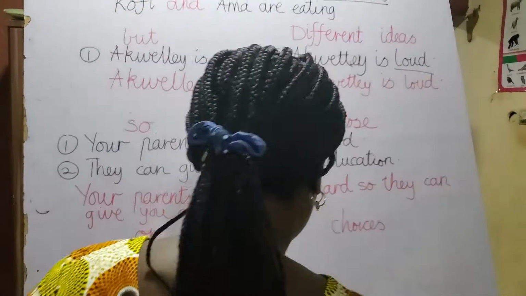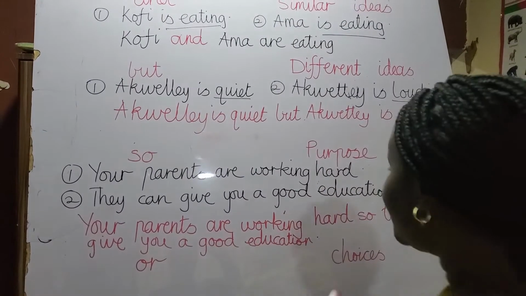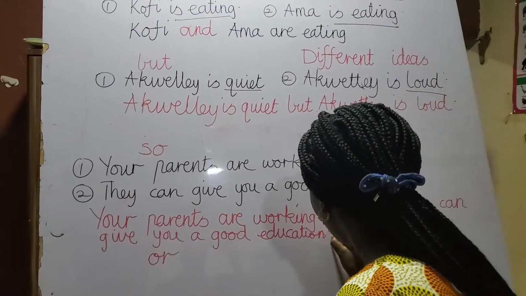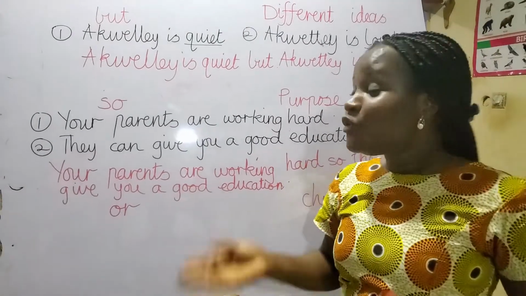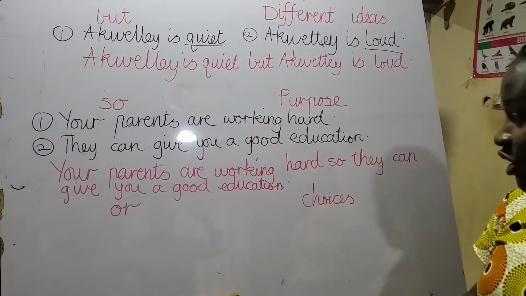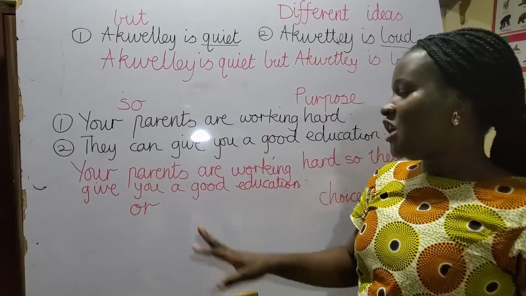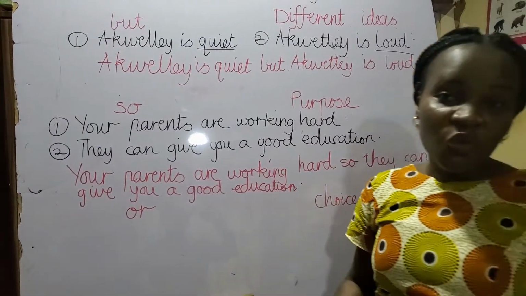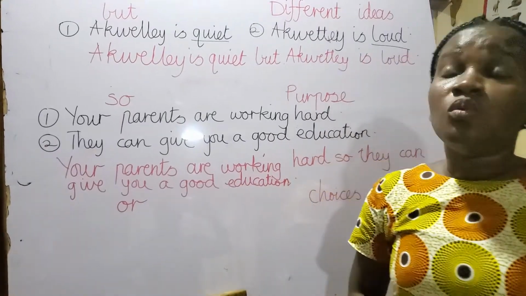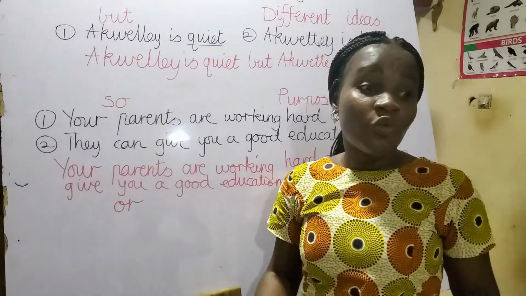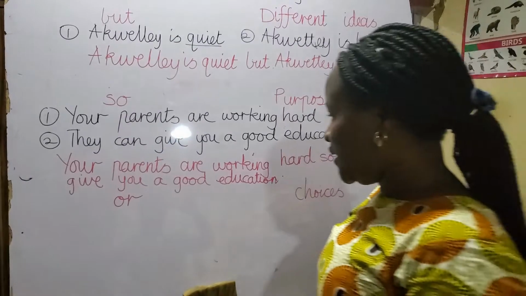So this is the purpose for which your parents are working. They are working hard so they can give you a good education. Now let's move on to the conjunction or. Or is used when we want to give someone a choice. You want the person to be able to make his or her own choice. So let's look at an example.